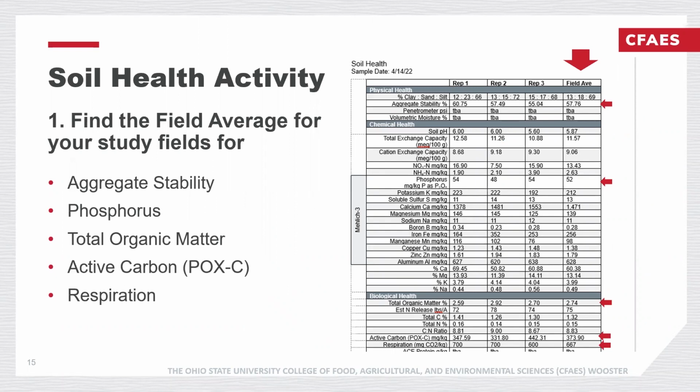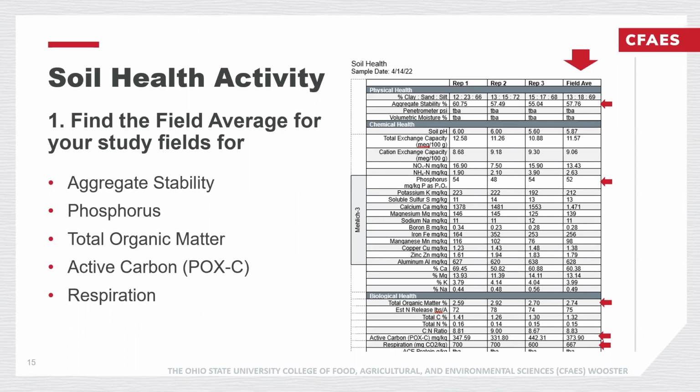So you're going to find the field average for your study for these 5 different metrics: aggregate stability, which is a physical characteristic; phosphorus, which is a chemical; and then total organic matter, active carbon, and respiration, which are all biological measures.